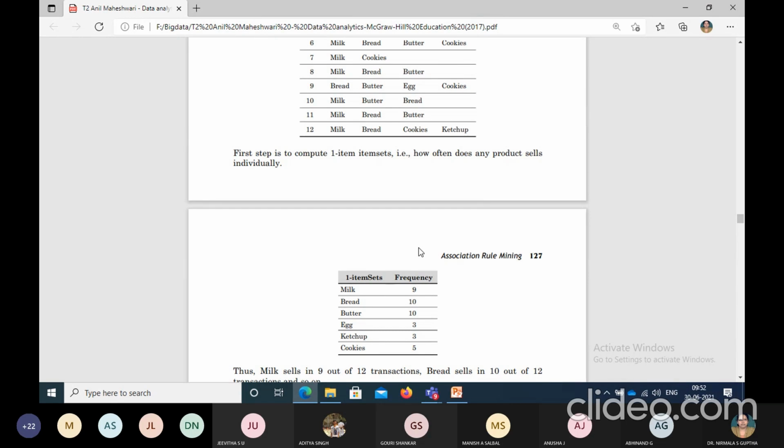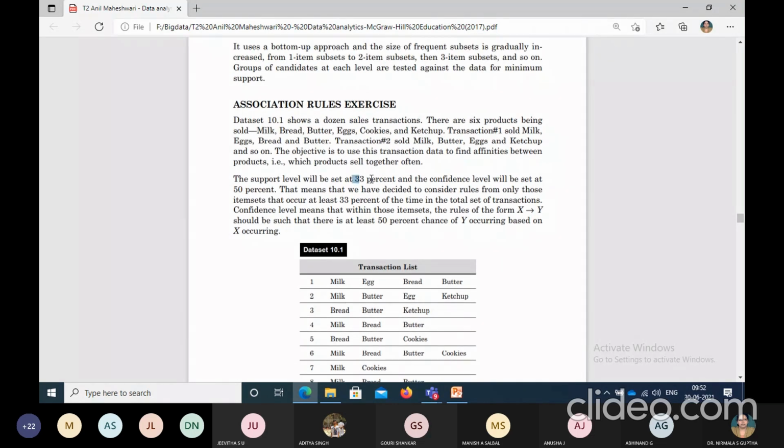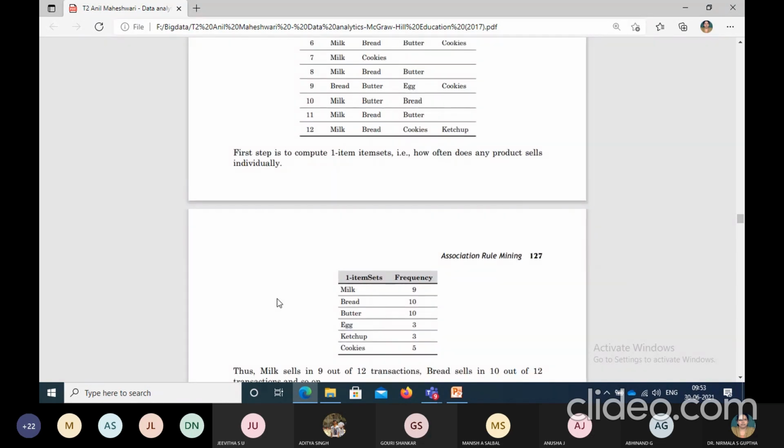So eggs is not a frequently purchased or sold item. The items that occur infrequently may be removed from the item set. If the item set is occurring 4 or more times out of 12, it is selected. Why? What is the minimum support threshold we have set for this data set? 33%, correct?